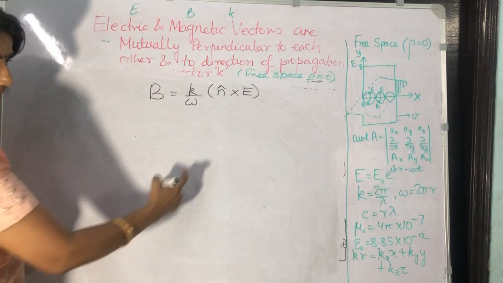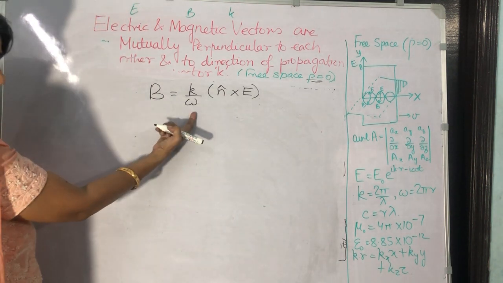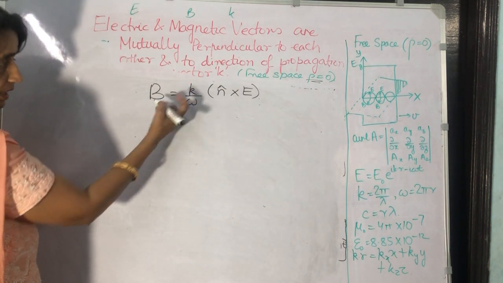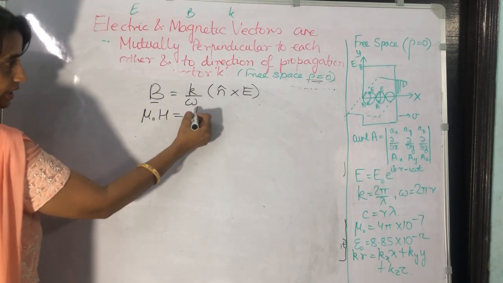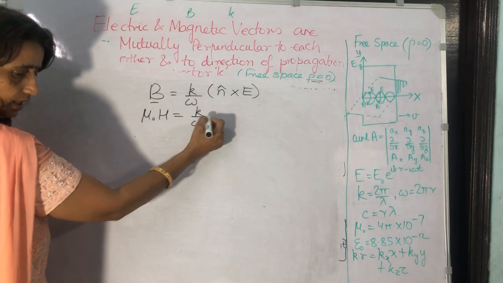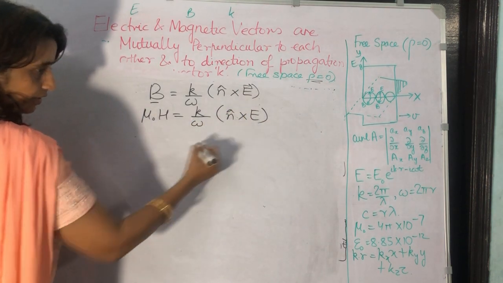Right? Here, K upon omega, I have solved it there for you. This is just a simple formula. Omega is 2 pi mu, K is equal to 2 pi by lambda. B I can write as mu naught H is equal to K upon omega into N cross E. Right?